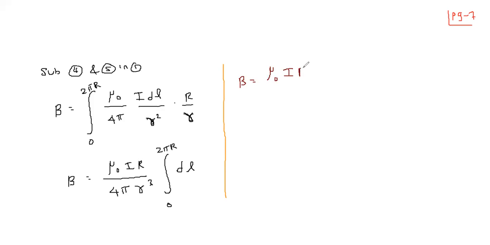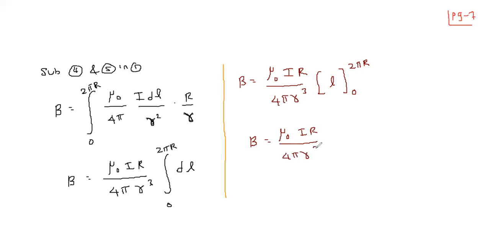So mu naught I R by 4 pi r cube, it becomes L, 0 to 2 pi r. So B is equal to mu naught I R by 4 pi r cube. Upper limit is 2 pi r, lower limit is 0. So B is equal to mu naught I R by 4 pi r cube into 2 pi r.